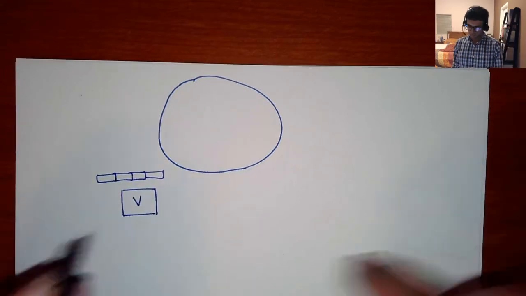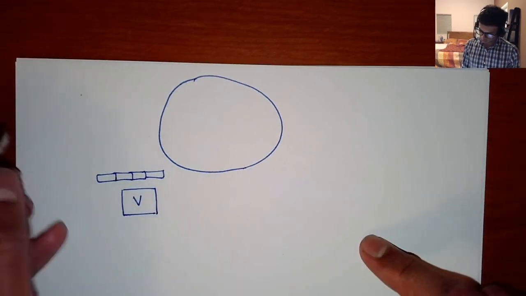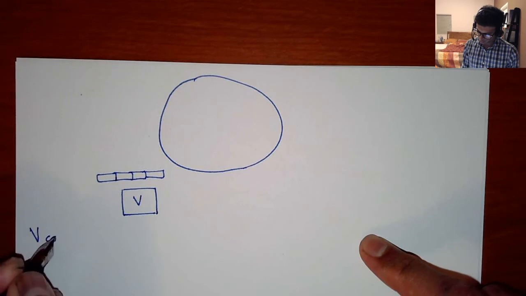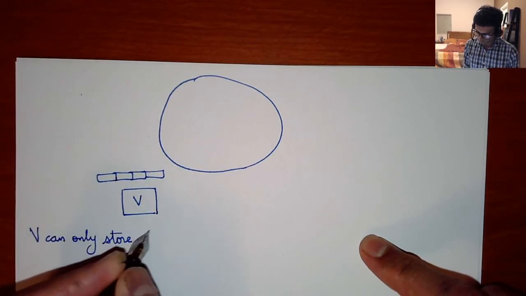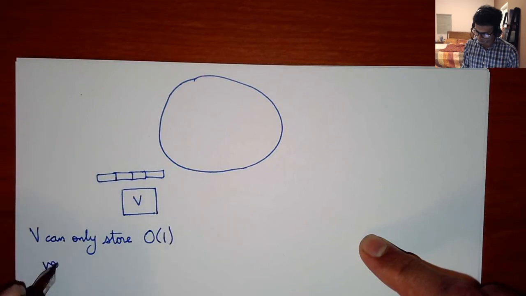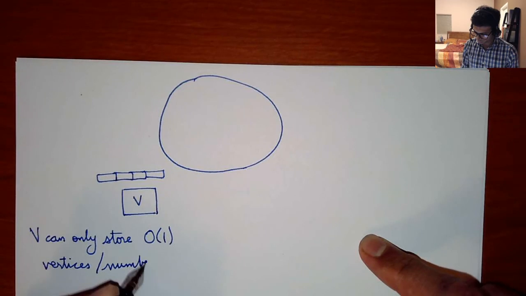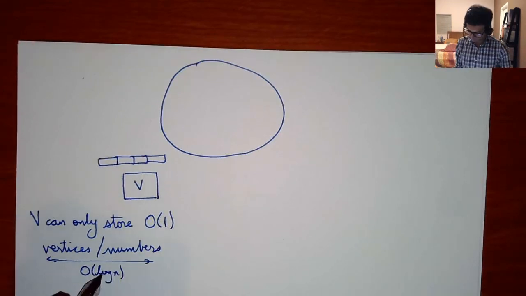That's it. V can only store O of 1 vertices or numbers, because each of these is O of log n bits. That's pretty much all it can store.